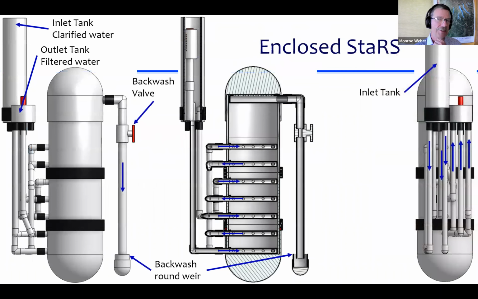So here's, let's see if we can figure out why. So here's 3 views of the filter, looking at it from 2 different angles and also a section cut. So there's a tall inlet tank. There's a shorter outlet tank. There's this lovely filter canister, which I think in this case is probably like a 2-foot diameter pipe.